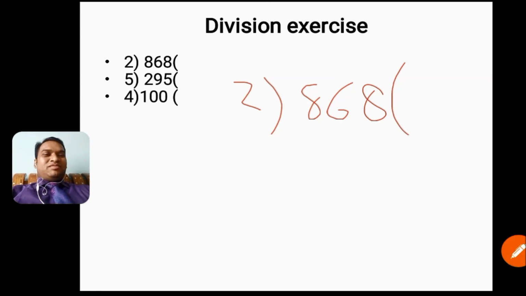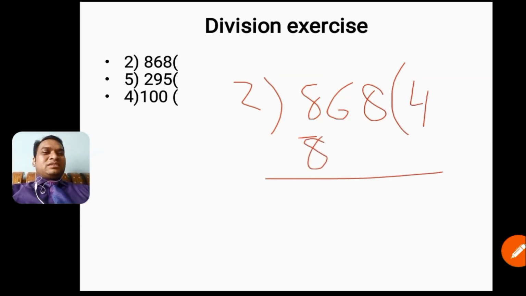We'll divide this 8 by 2. So first we count this much only. 2 1s are 2, 2 2s are 4, 2 3s are 6, 2 4s are 8. So 2 4s are 8, we'll write 8 here. Then we don't need to subtract because 8 minus 8 is 0. So we'll put 6 here.